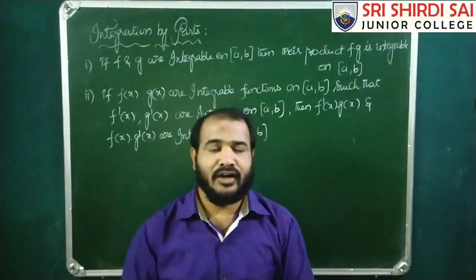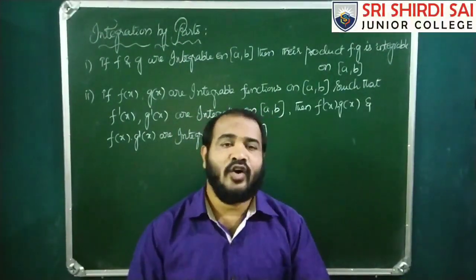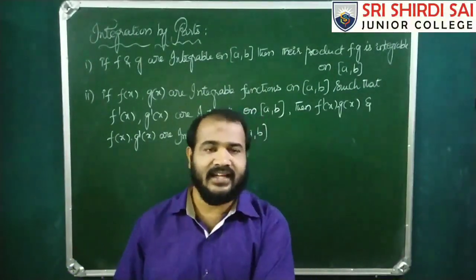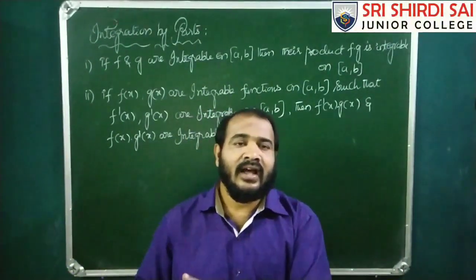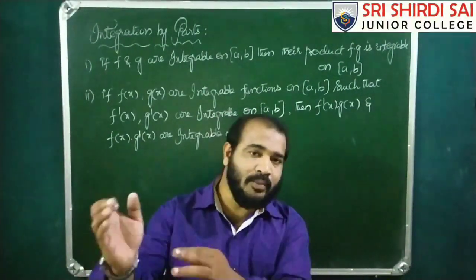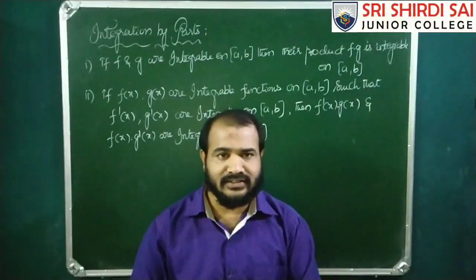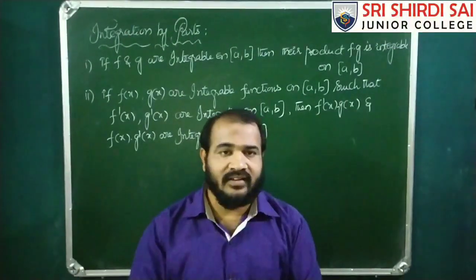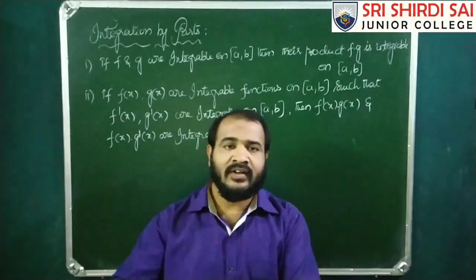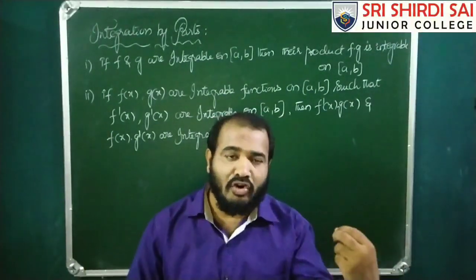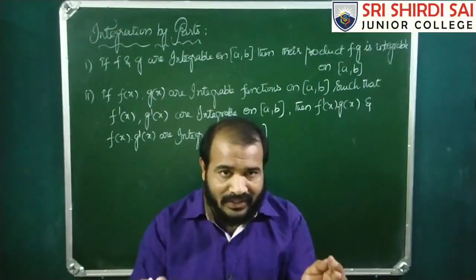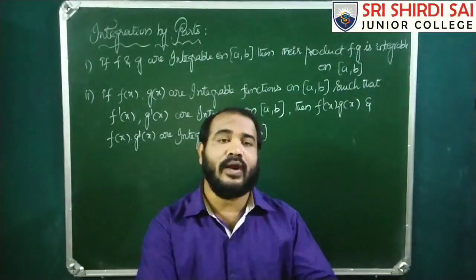T is trigonometric, sin x, cos x, even hyperbolic functions like sinh x, tanh x, etc. And exponential is e power x, a power x, so something to the power of x. Algebraic functions are x power something, x, x inverse, x square, etc. And exponential functions are something to the power of x, e power x, a power x, etc.